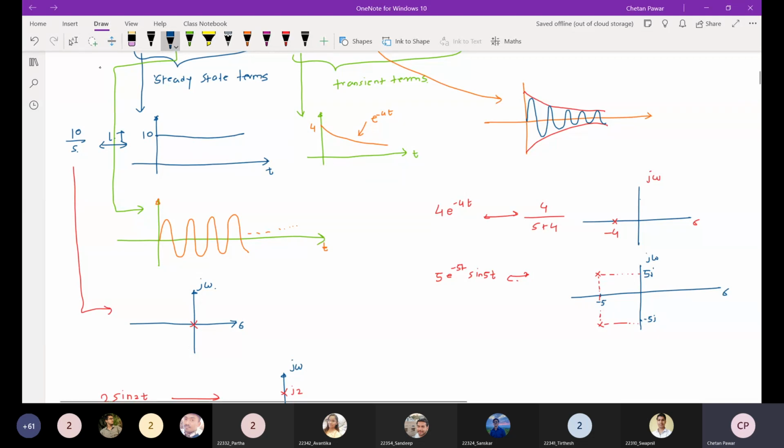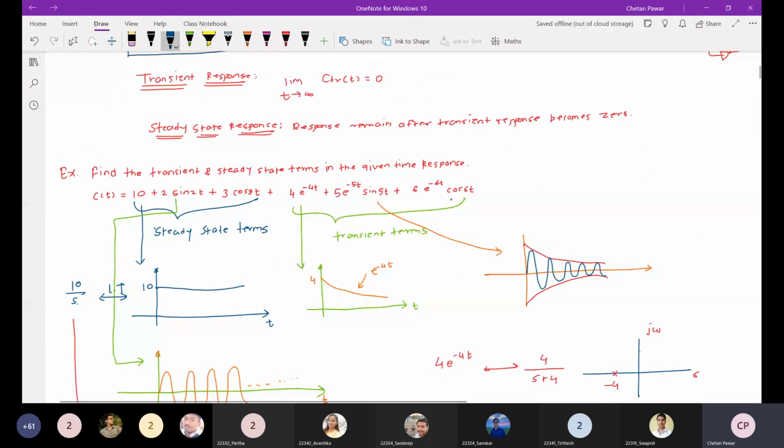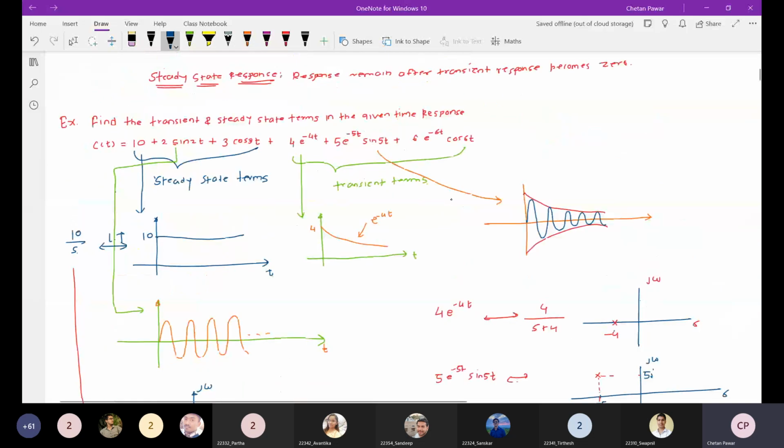Okay, the last term is this e raised to minus 6t cos t.